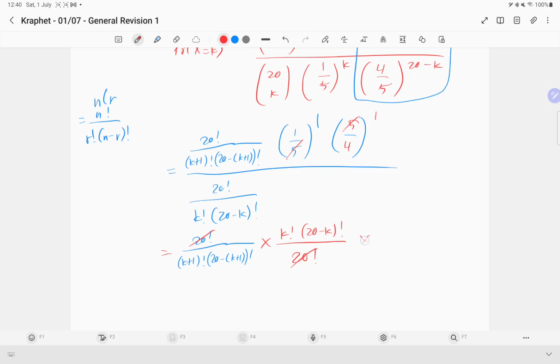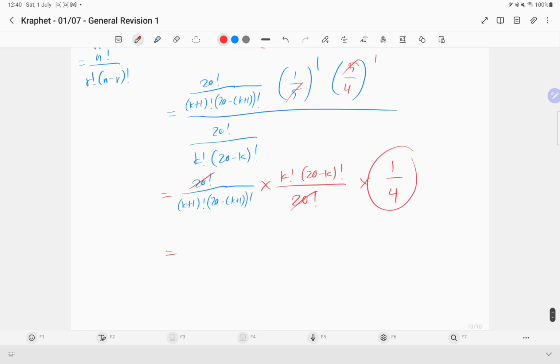So the next one would be times 1 over 4. Slowly getting there. So now the top is k factorial. I'll combine that first: 20 minus k factorial, and the bottom is k plus 1 factorial. And then these two will be a little bit tricky: 20 minus k plus 1, and then factorial. And then everything is just times 1 over 4.